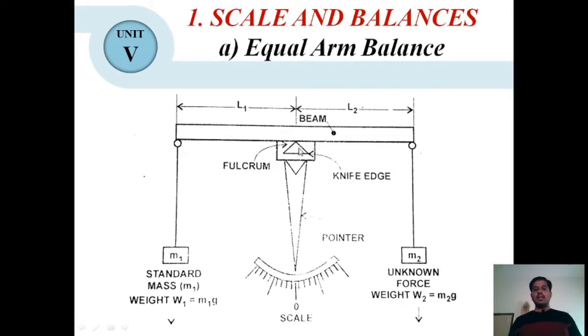That is L1, which is our left side, and L2, which is our right side. Thus, the distance of L1 from the fulcrum is equal to the distance of L2 from the fulcrum. That's why we call it an equal arm balance. The beam has equal arms on either side with respect to the fulcrum.